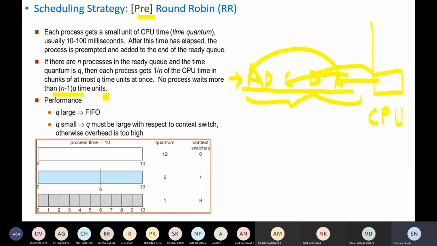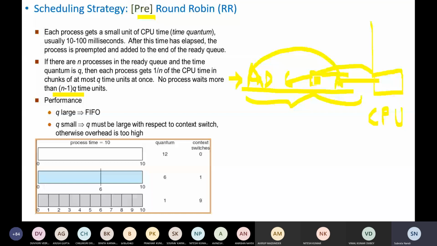And the point is, this is the same for all the processes. Even if you have a mix of CPU bound and IO bound jobs, each of them will suffer the same kind of delay, or wait the same amount of time before they get the next turn.